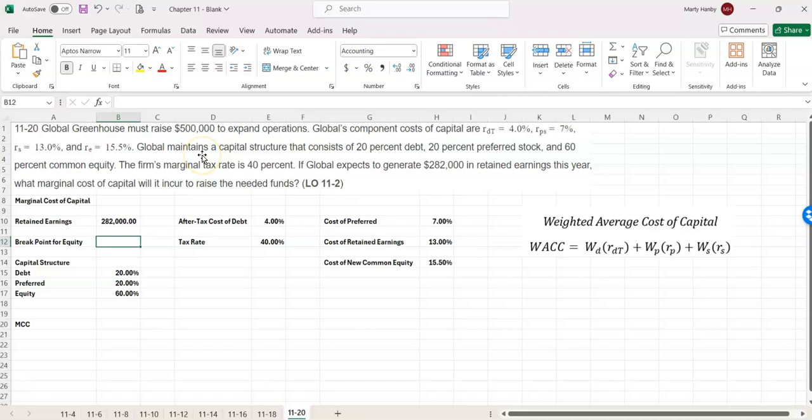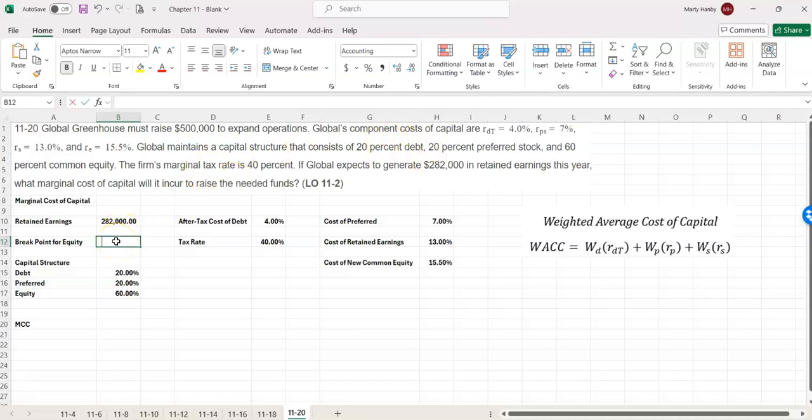Global maintains a capital structure that consists of 20% debt, 20% preferred stock, 60% common equity. The firm's marginal tax rate is 40%, which doesn't really matter here because we are given the after-tax cost of debt. Global expects to generate $282,000 in retained earnings. What marginal cost of capital will it incur to raise the needed funds?